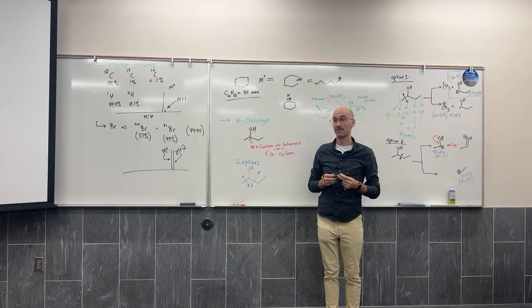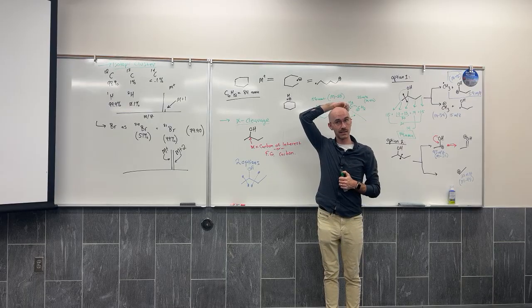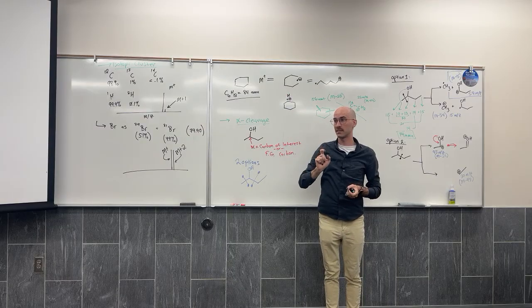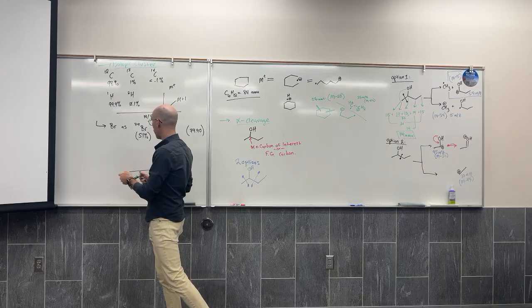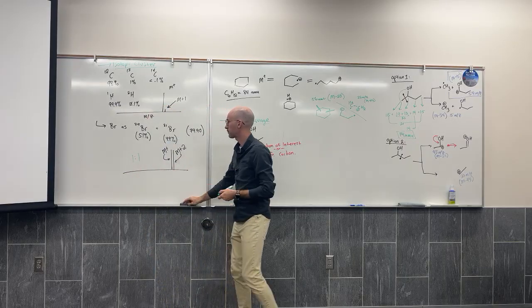By atomic mass. Because we're not using a scale to weigh these. We're not getting an average mass. We're getting individual masses. This is an isotopic cluster. And for bromine, we say the isotopic cluster is 1 to 1.